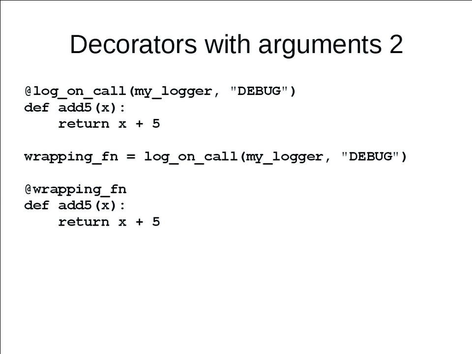So, again, just to mentally break it down, when we call logonCall and pass in these arguments, we're going to get back a reference to a wrapping function. And the wrapping function then can be called, and it gets its one reference to the function being wrapped and does the decorator thing. So the top just does it in one step, @logonCall. Here we show we can do it in 2 steps. We can get the wrapping function reference and then use that as a decorator.